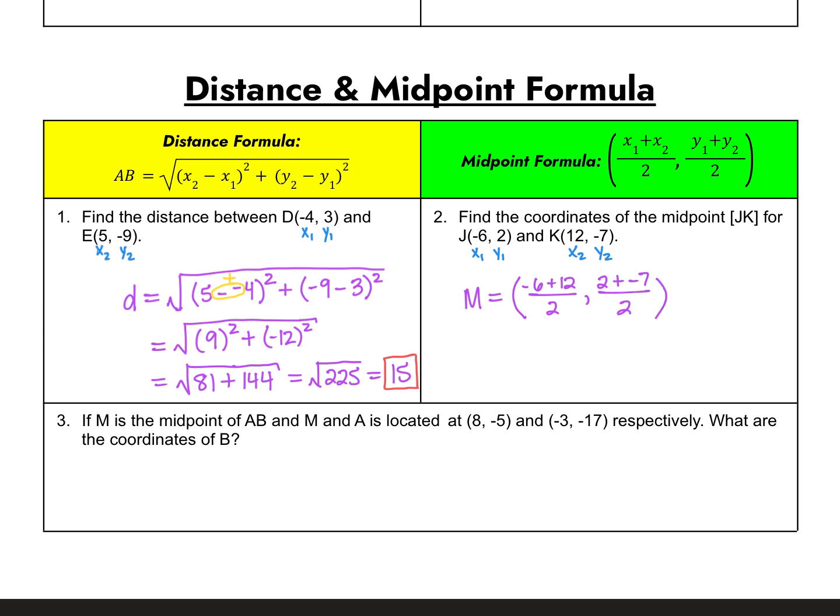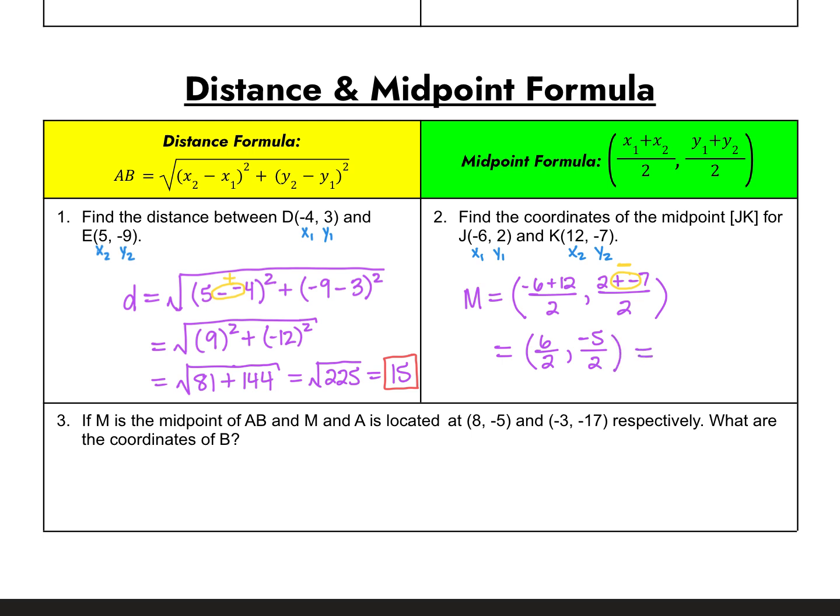So -6 plus 12 is a +6, and 6 divided by 2, of course, is 3. Then here we have 2 plus -7, so a positive and a negative is a minus. So 2 minus 7 is a -5, and keep the dividing by 2.